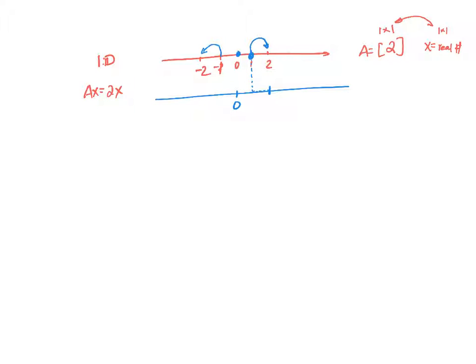So this point is moved to here when you multiply by 2. So this point 1 is shifting to the right and then becomes 2. And -1, in this case, is shifting to the left by a factor of 2.